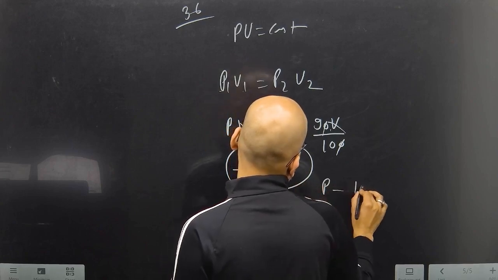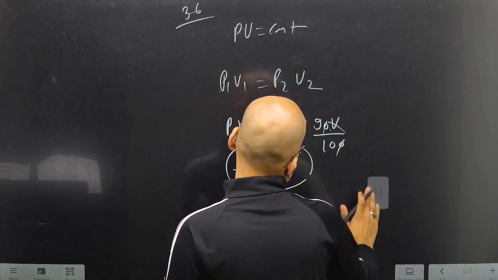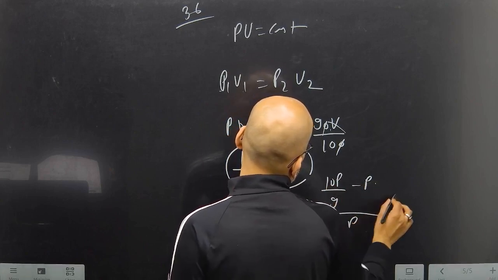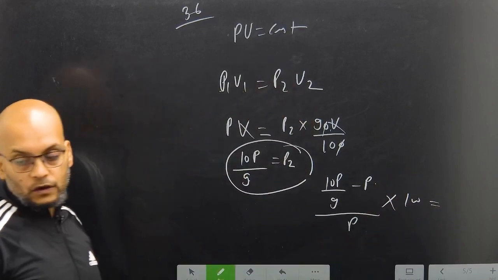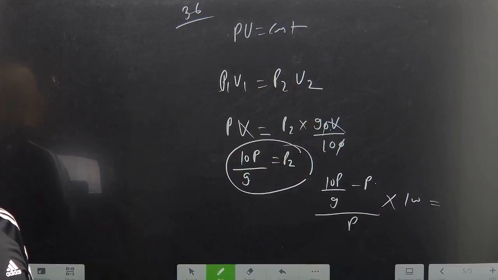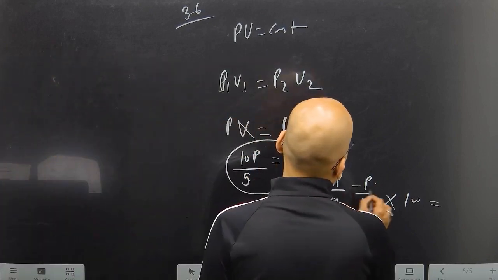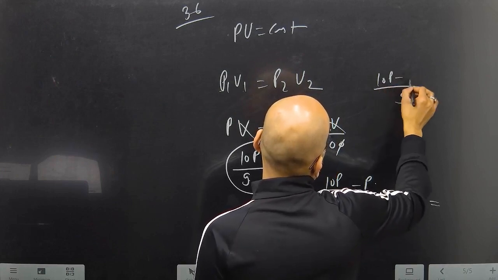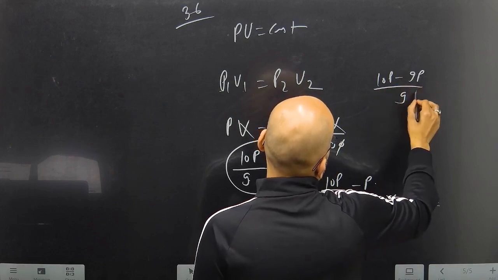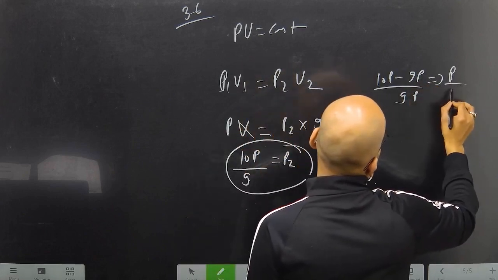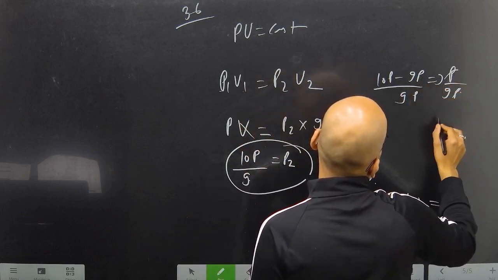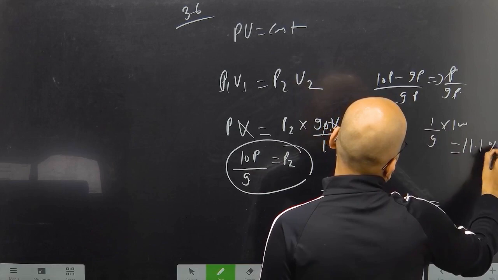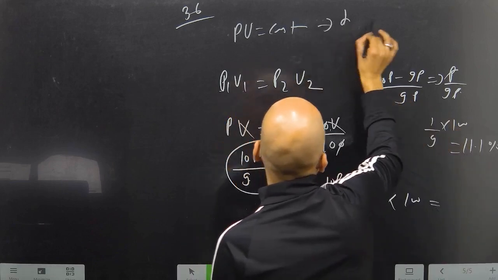Find the change. 10P by 9 minus P upon original into 100. On solving, you can take the LCM and solve. So 10P minus 9P, P upon 9P, so 1 by 9 into 100, 11 point something will come out, 11.1% nearly. So option D is correct. Fine.